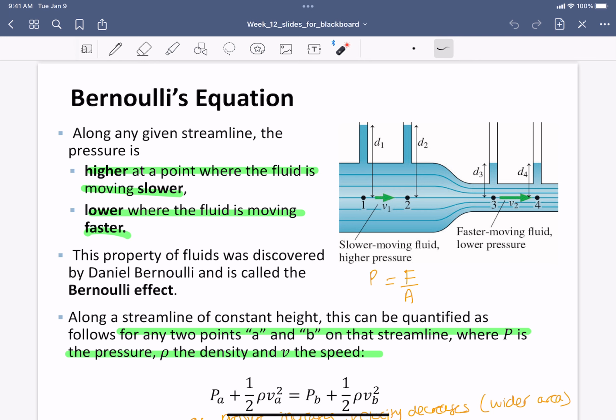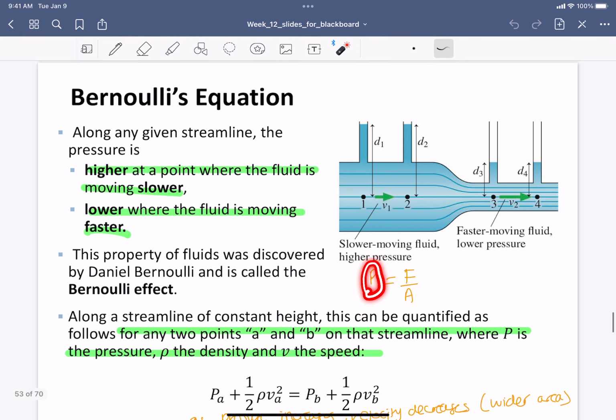But I guess the way to think about this whole pressure and speed thing is that at this point, where I have more room to operate, I'm going to want to increase the pressure. If I increase the pressure, I'm increasing the force.